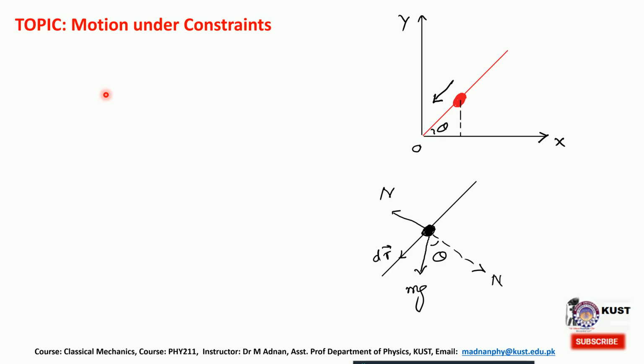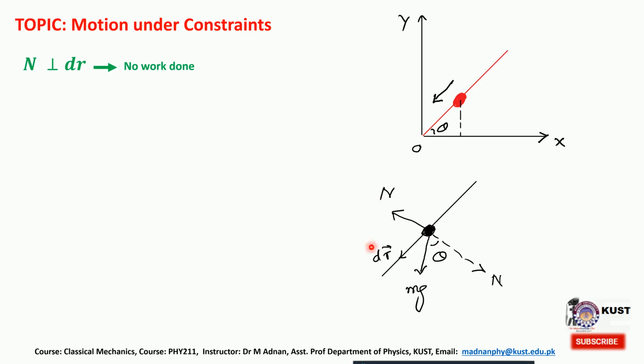There we will discuss that the unknown forces, which are the constraint forces, and in this example the normal force, are always perpendicular to the motion of the object. Since the object is moving along this string, the force is perpendicular to dr, so it will not contribute to the work done. That is, constraint forces do not contribute to the work done.